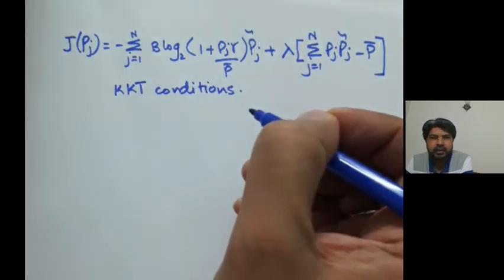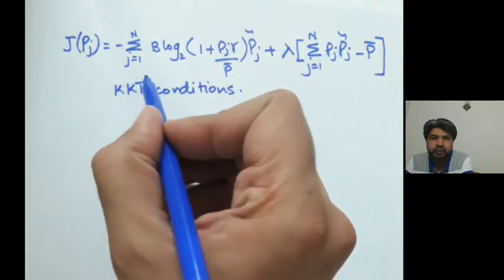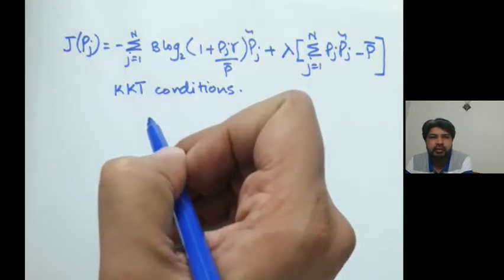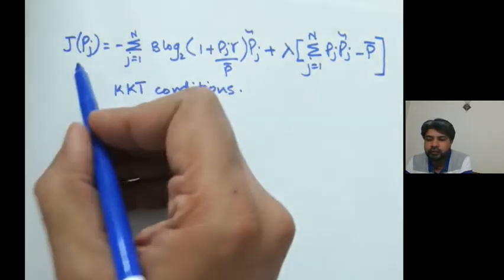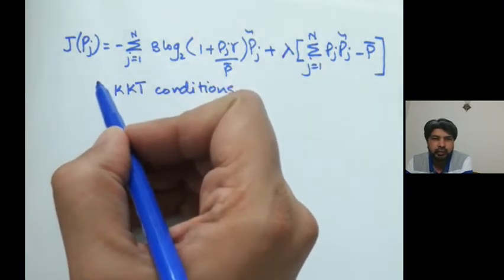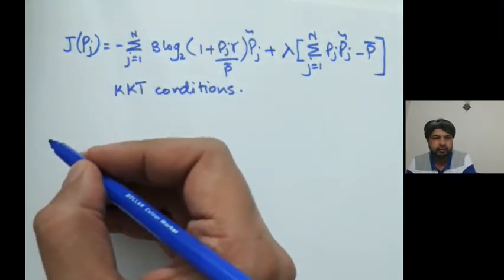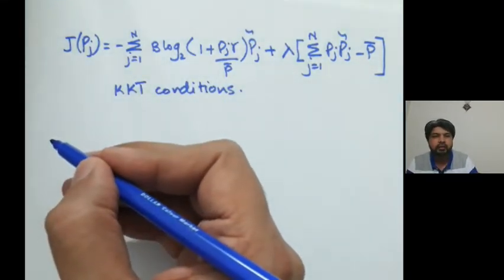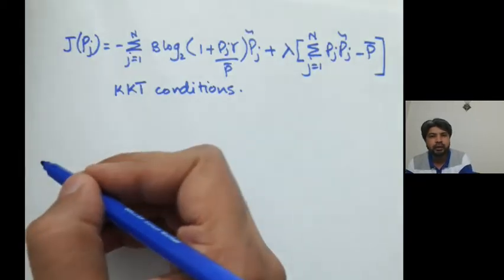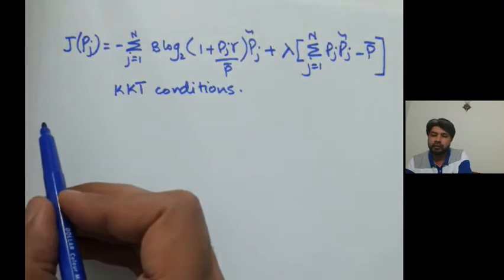One of the KKT conditions, if your primal problem or your objective function is convex, is that the derivative of this Lagrangian vanishes at the optimal point. That means all you need to do is take the derivative of this Lagrangian function with respect to your optimization variable, equate that to 0, and that Pj would give you the optimal value.